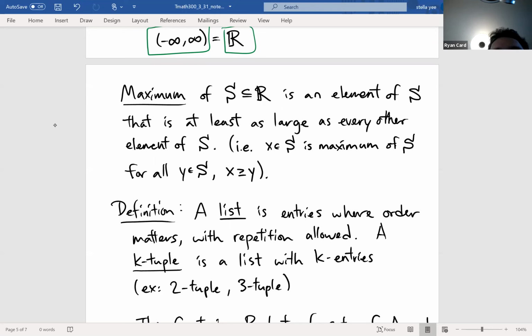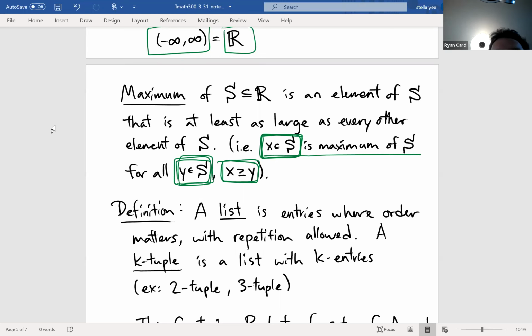So if x is a maximum of S, it has to satisfy two things. First of all, x has to belong to the set itself. And if you pick any other element in the set, including x itself, x is at least as large as that number.